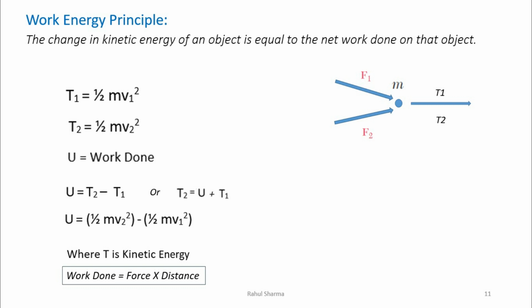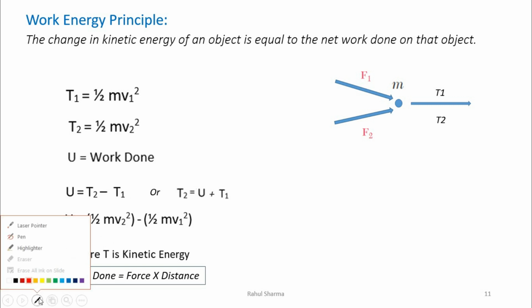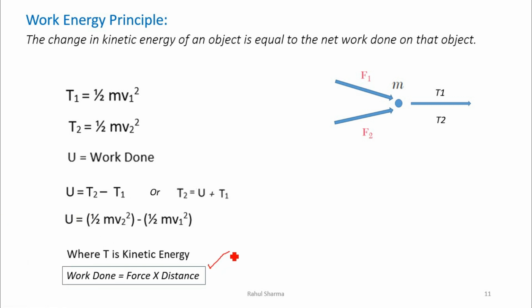And we also know that work done is equal to force into distance. So whenever we have to solve any numerical on the kinetics part with work energy principle, you have to use both the equations. These both equations will help you in finding the kinetic energy or work done.